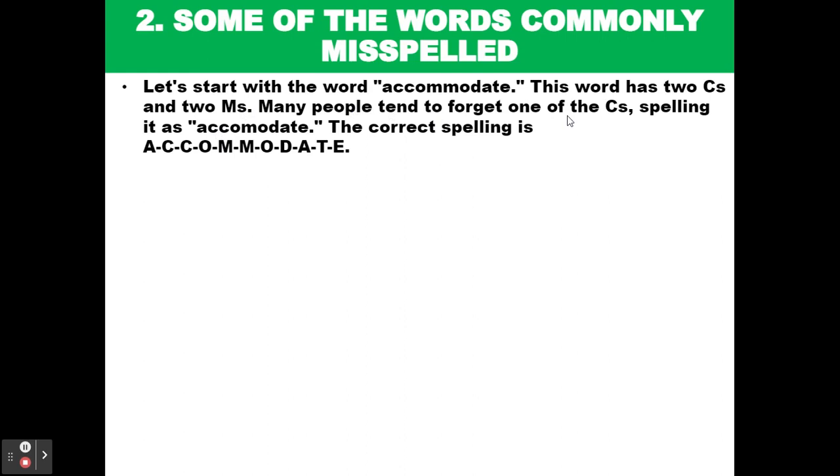Many people tend to forget one of the C's, spelling it as ACCOMODATE. Now, some people forget one of the M's or one of the C's. Okay, the correct spelling is with double C and double M, ACCOMMODATE, accommodate.